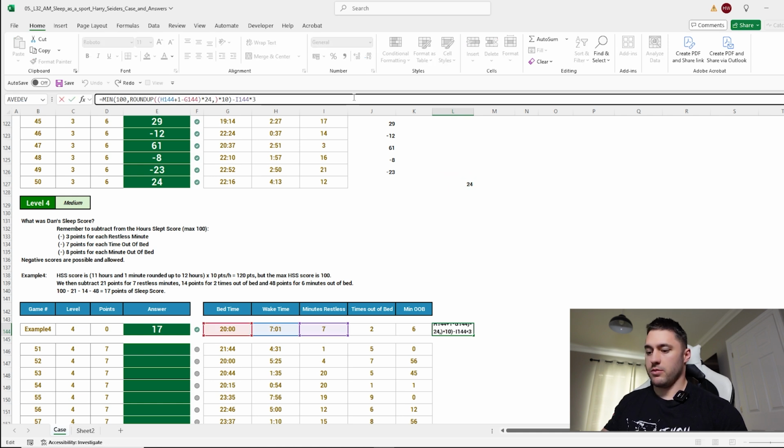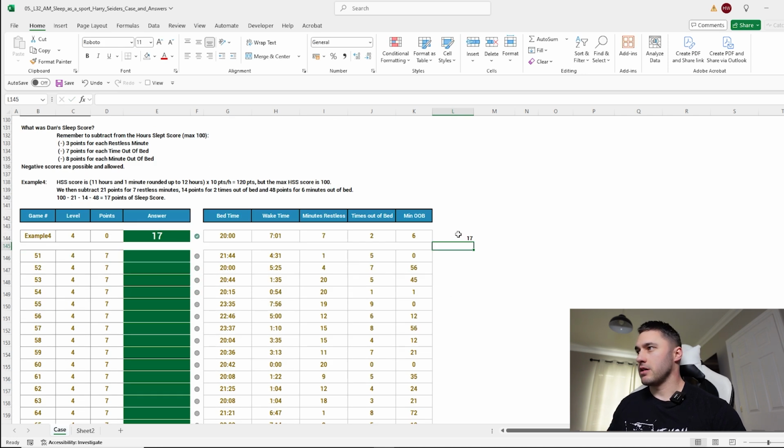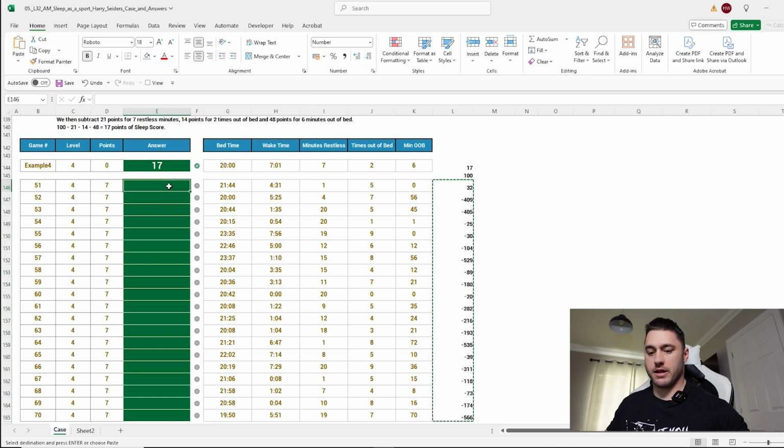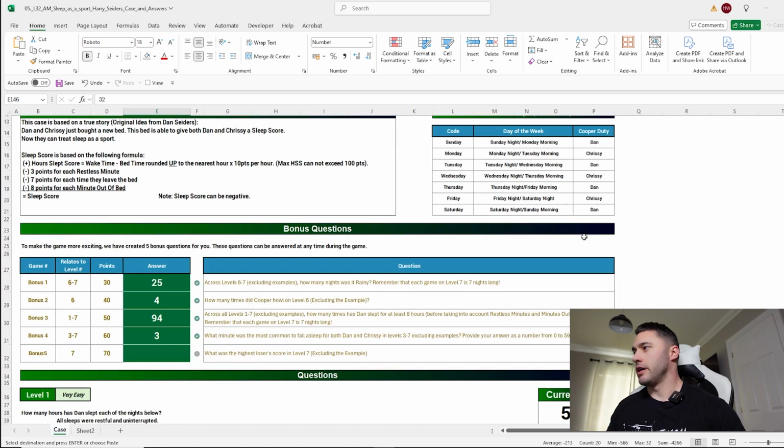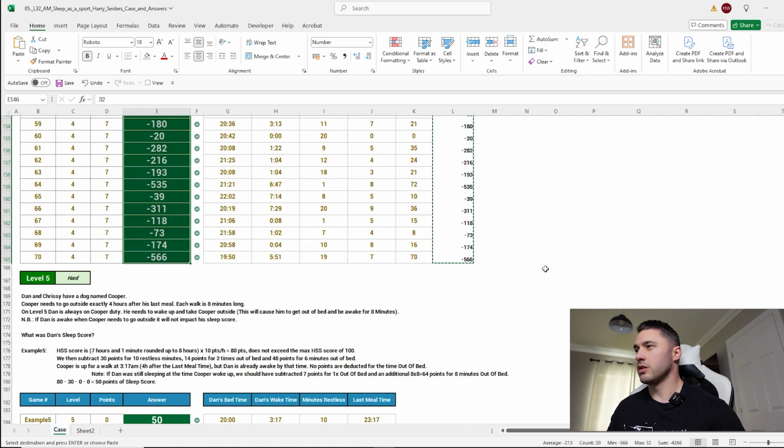So we want to do minus times out of bed, and for each time out of bed it's 7 points, so times 7 minus minutes out of bed, and it's going to lose 8 points for that, times 8. So that matches the example, so again, pretty confident. So up to there, the case is fairly straightforward. 580 is a respectable score.